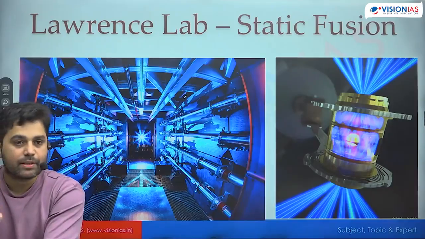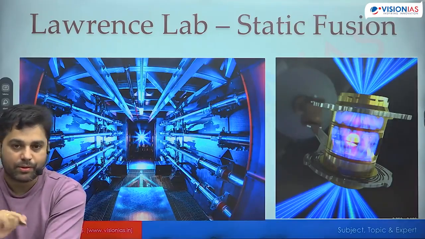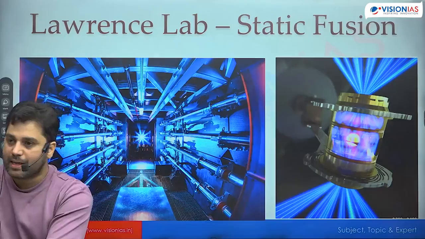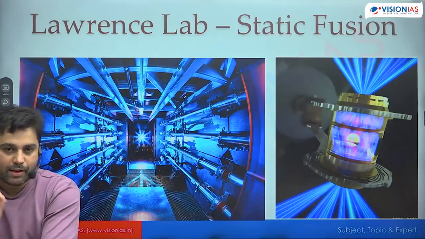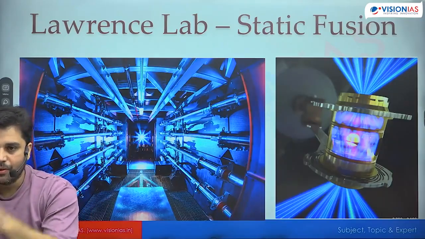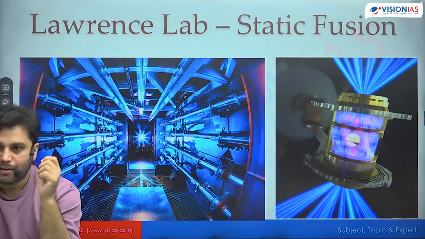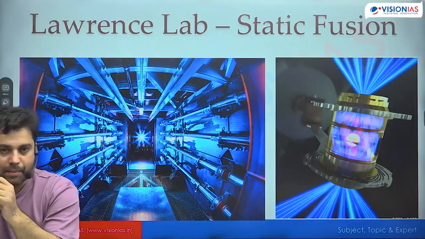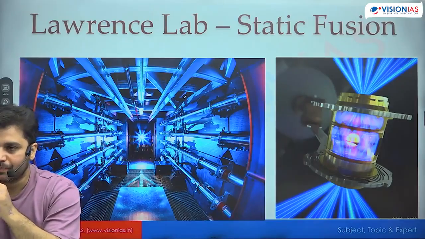The reason we are using inertial fusion is that we do not want this deuterium tritium to travel. We do not want it to move inside some vacuum chamber. We want it to be stationary, and we are going to implode that with many, many laser beams together. And then fusion is going to happen and energy will be produced.